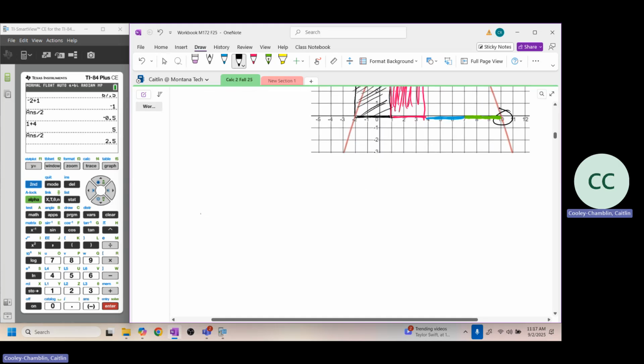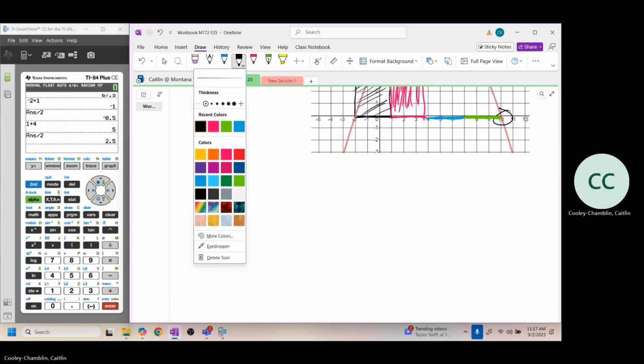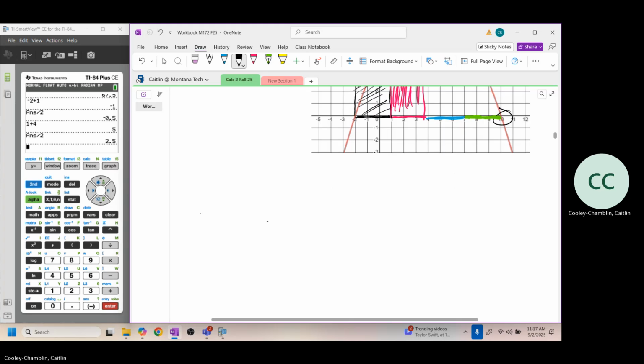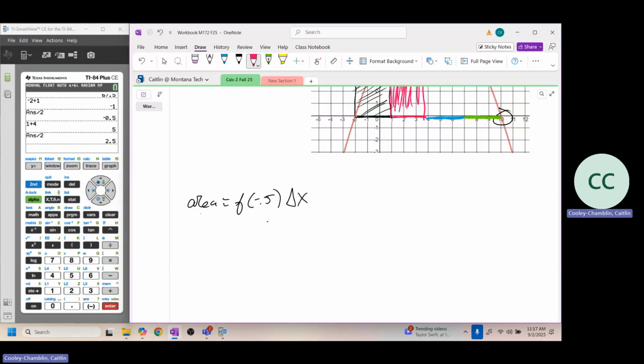So area is equal to my function evaluated at -0.5 times delta x. My next rectangle was evaluated at 2.5 times delta x. Then I'm going to look at my blue one. It starts at 4, ends at 7, divided by 2.